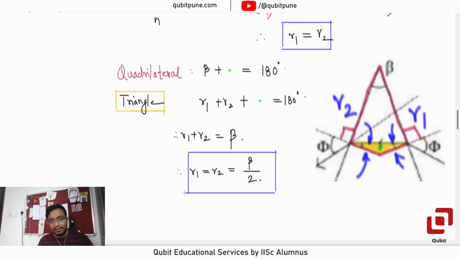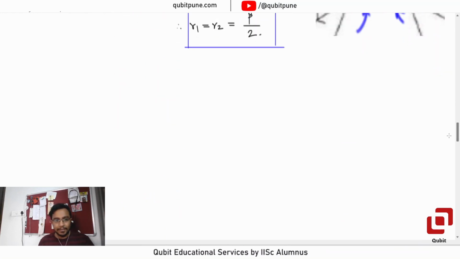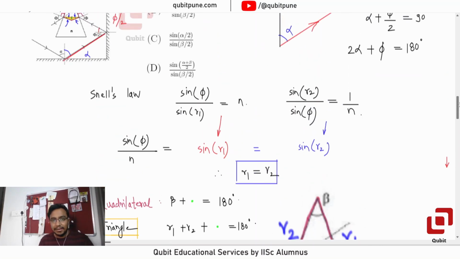And now we can finally go for the relation which we obtained from Snell's law. Sin phi upon sin R1 is equal to n. How did I get it?